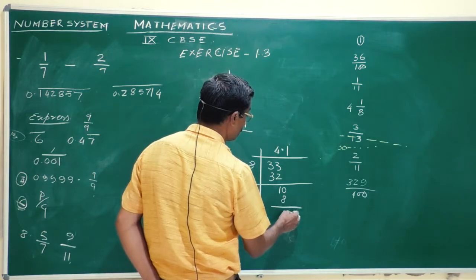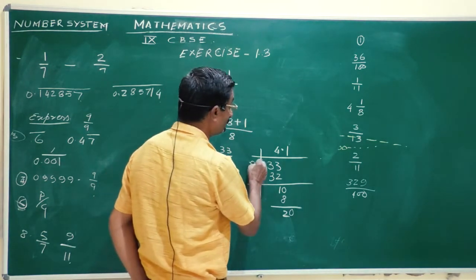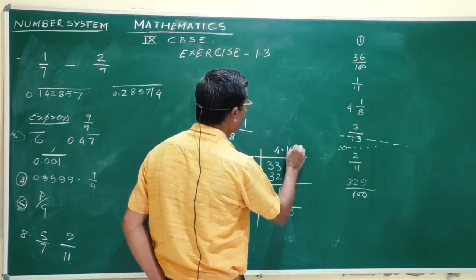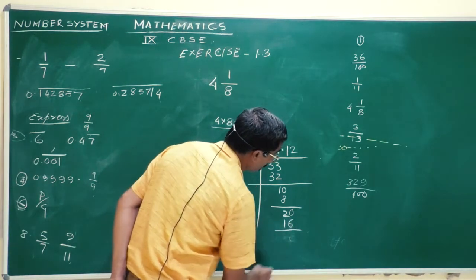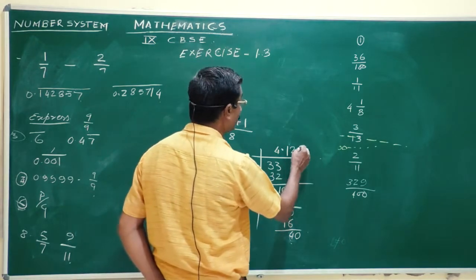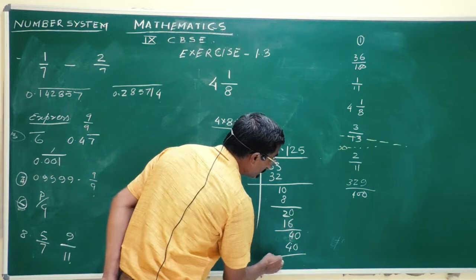Now this is 0. 8 twos are 16. 8 fives are 40. 0.